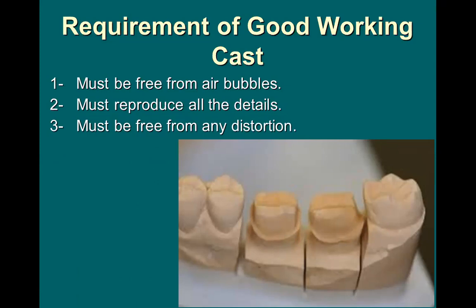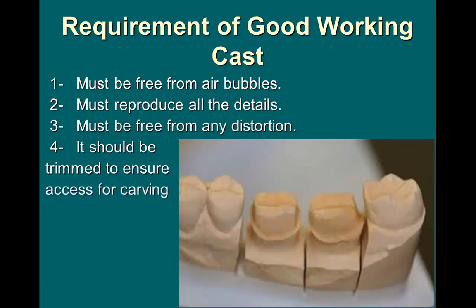Then after that it must be trimmed to make it very easy to carve the wax, or to apply the wax on the gypsum material to make the whole wax pattern of the crown or bridge.